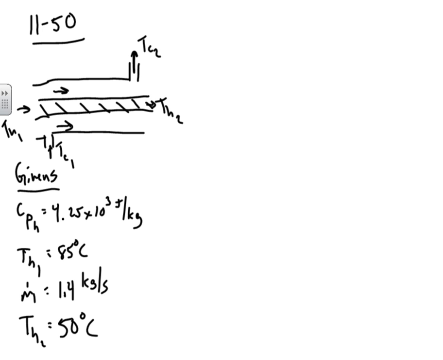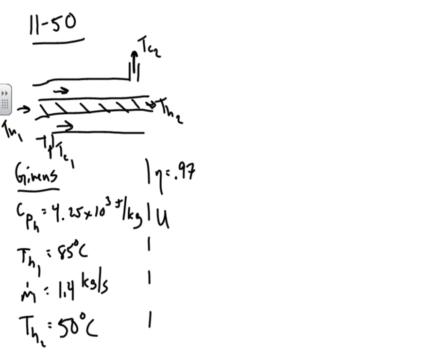We're also told that there is a loss of 3% of the system. So we can interpret that as there's an efficiency of 0.97. So we find the total heat transfer, and we know that 3% of that heat is not transferred to the cold fluid, but instead is lost to the environment.